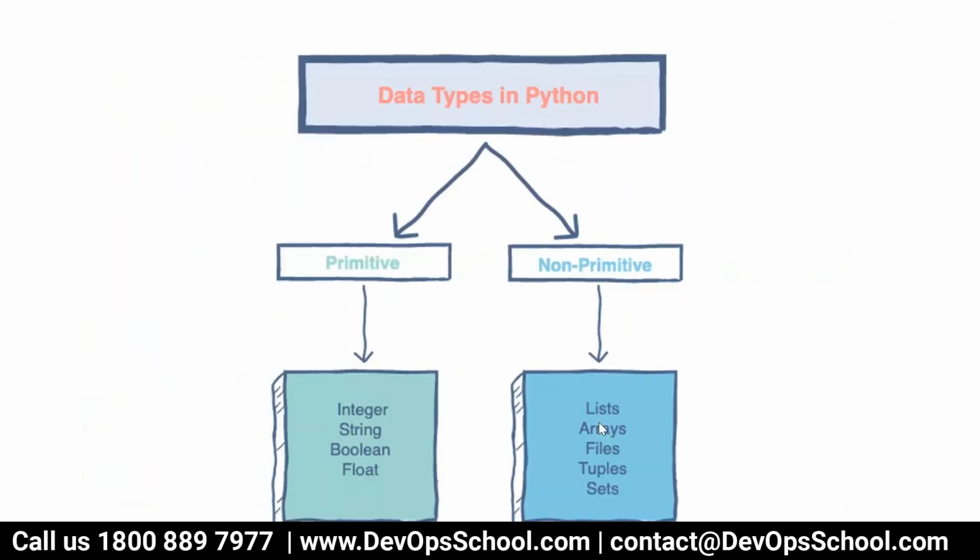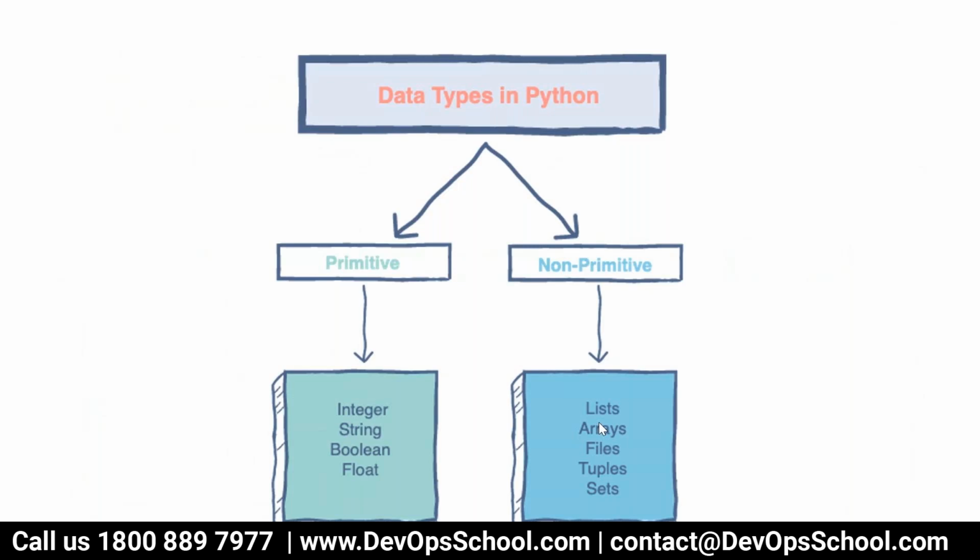There is one more category which we have. We call it primitive and non-primitive data types. So what is primitive and non-primitive? Those data types which come from Python 1 and 2 are called primitive, and those added from Python 2.0 onwards are called non-primitive.